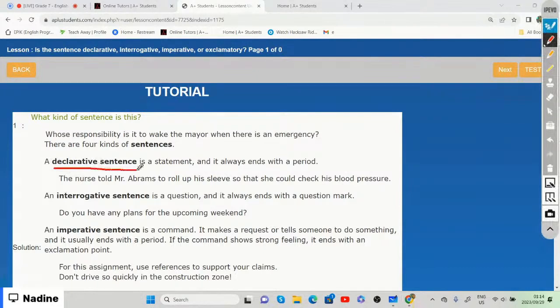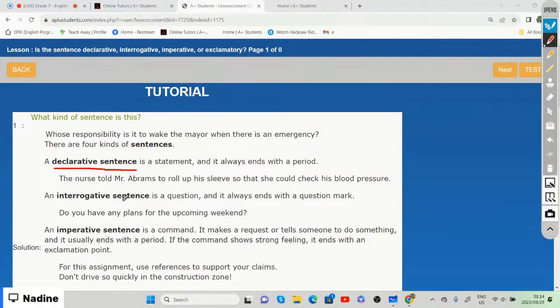A declarative sentence is a statement. And it always ends with a period. It's you basically just telling someone something, and then it ends with a period. An example of that is the nurse told Mr. Abrams to roll up his sleeves so that she could check his blood pressure.